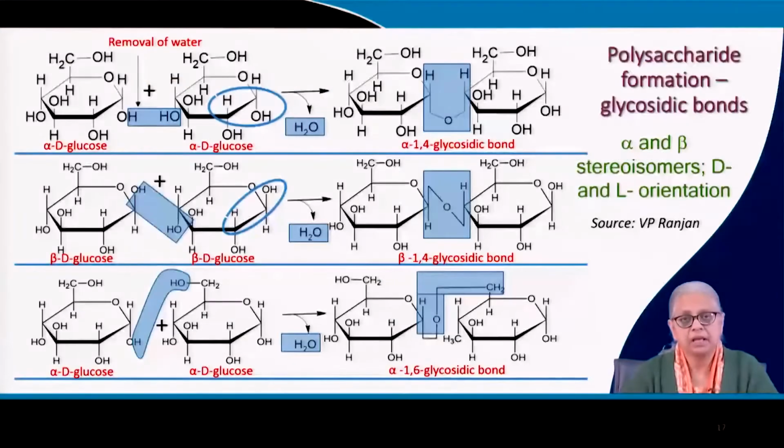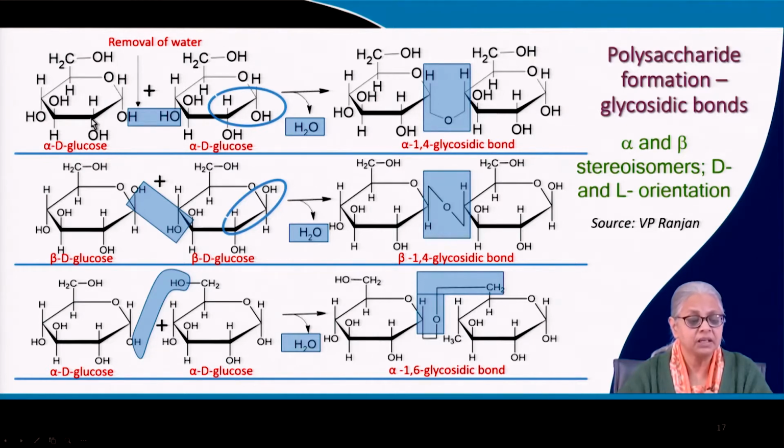So here we have the formation of polysaccharides. Now, how do these polymers of sugars form? So there are three basic bonds. These are all glycosidic bonds. Glucose molecules will bond together in different ways. So there are three types of glycosidic bonds that are shown in this particular slide.